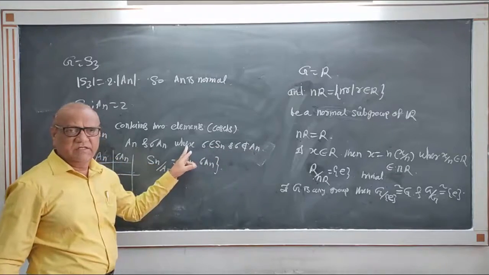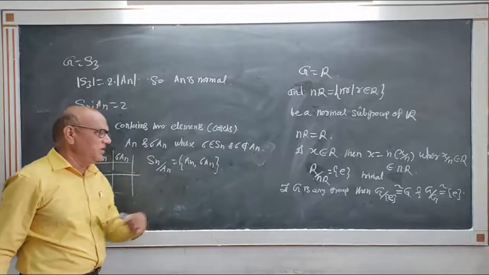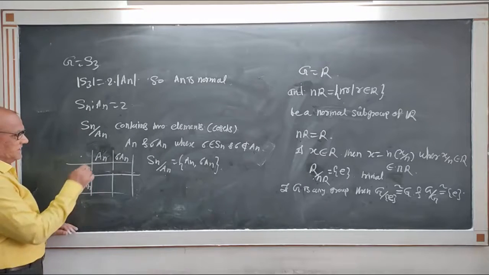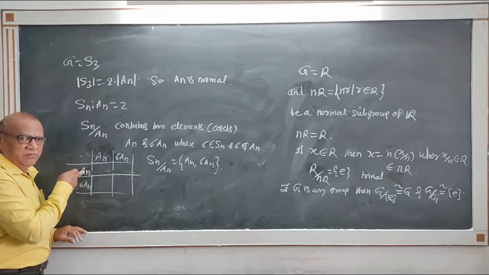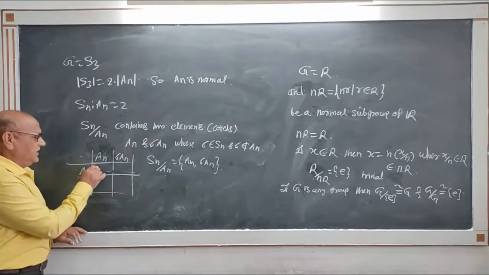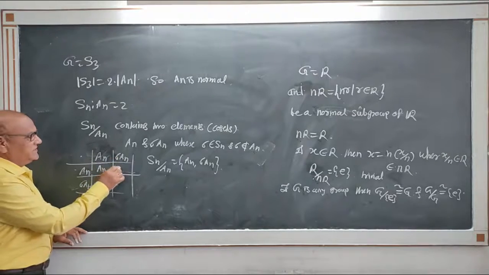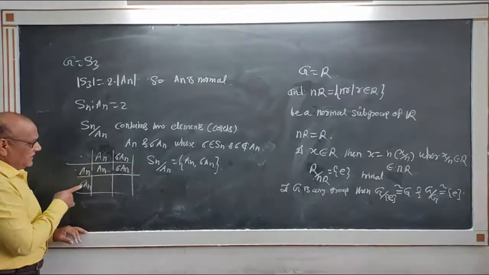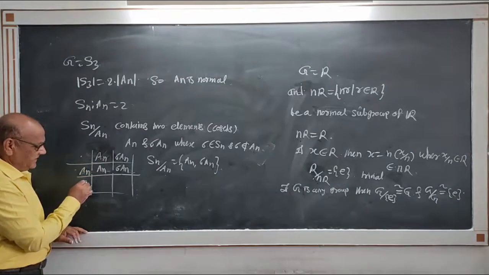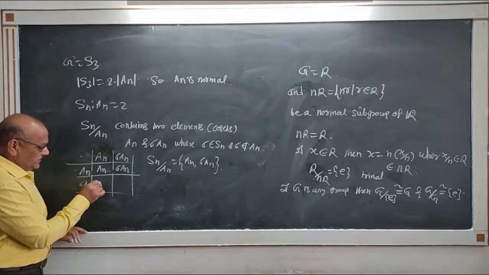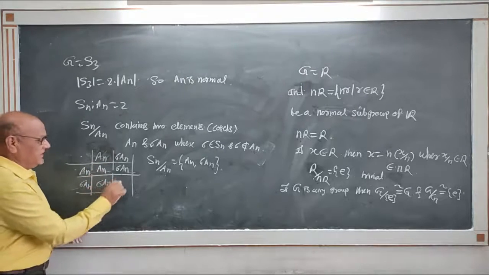That means sigma An is the set of all odd permutations. Taking products of cosets by representatives: even times even is even, that is An. Even and odd gives odd, that is sigma An. Odd times even is again odd, sigma An, and odd times odd is even, this is An.